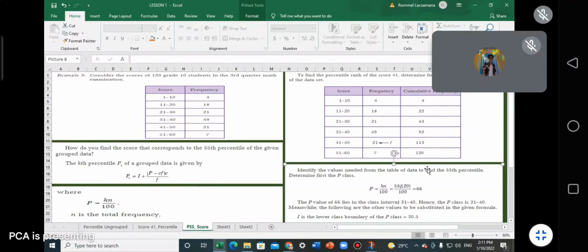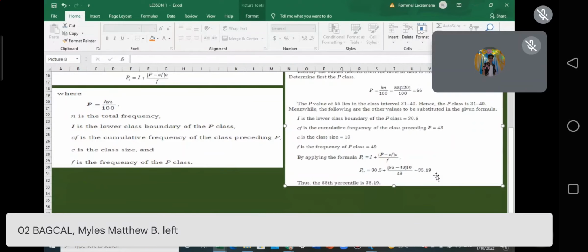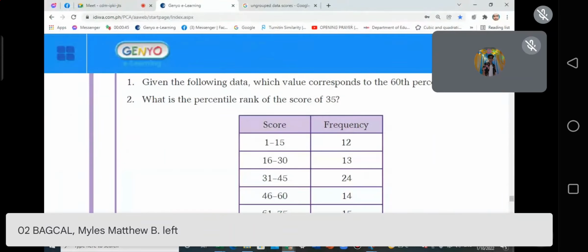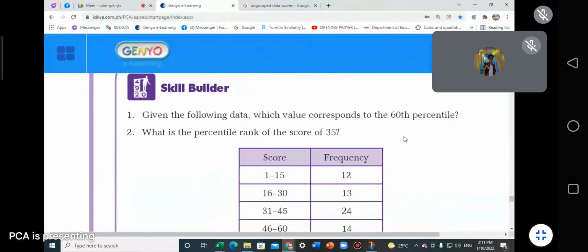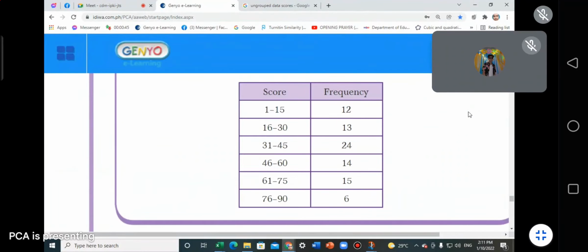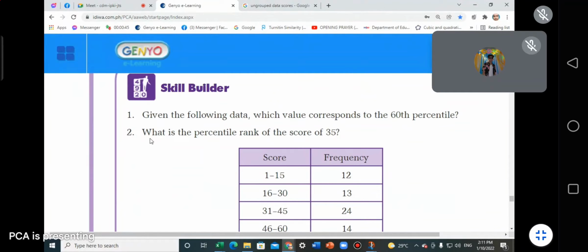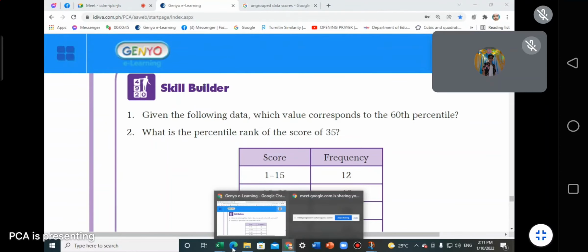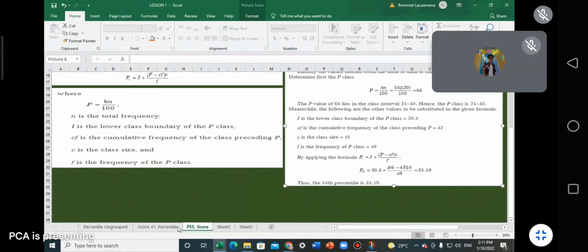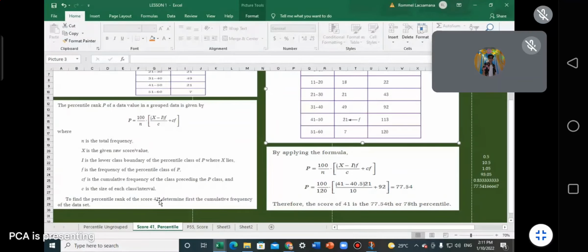55th answer is 35.19. So your number one is like that. 60th, what is the value? Look for the score in here. And then for number two, it's like the 41. The first discussed, 41 is 77.54 percentile rank.